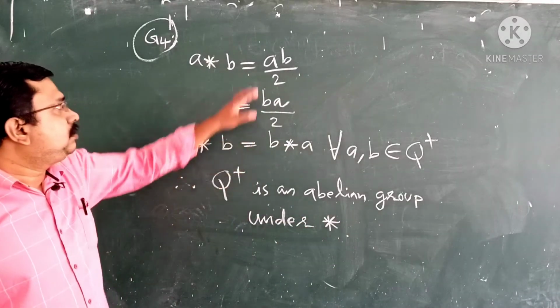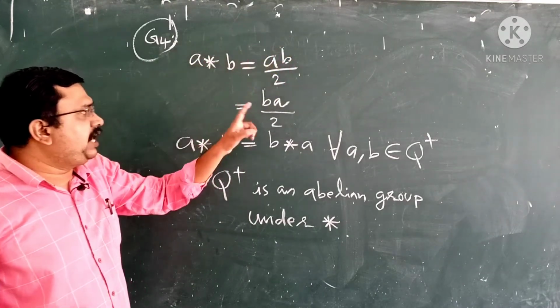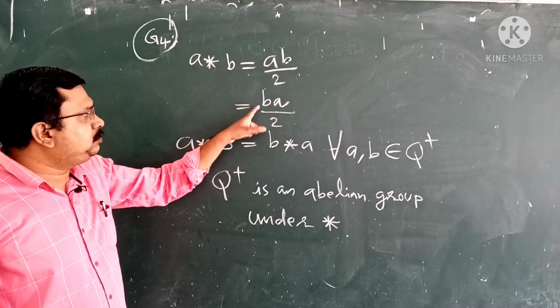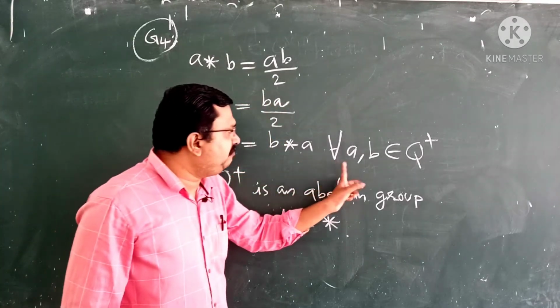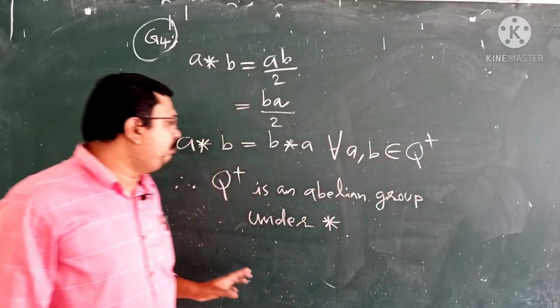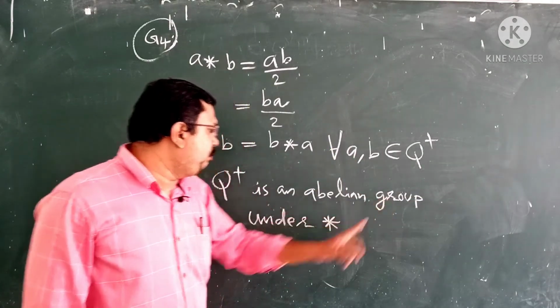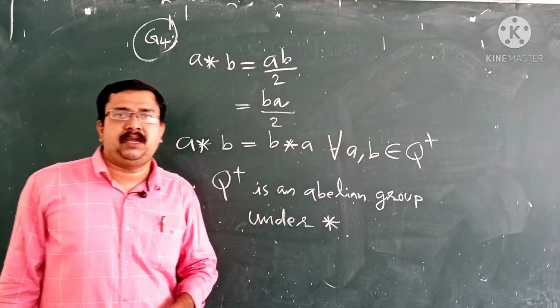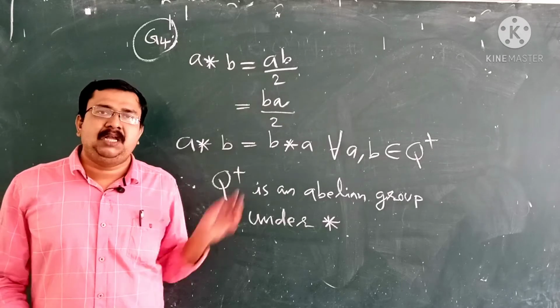Remember that A star B is equal to AB by 2, but A into B can be written as B into A, that is BA by 2, that is A star B equal to B star A for every A, B belongs to Q plus. Therefore Q plus is an abelian group under star. This is the solution of this problem. Please write down.